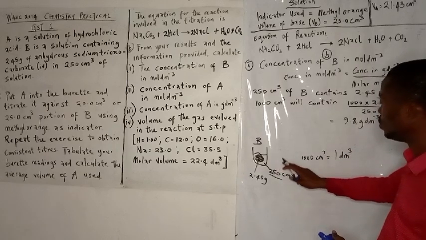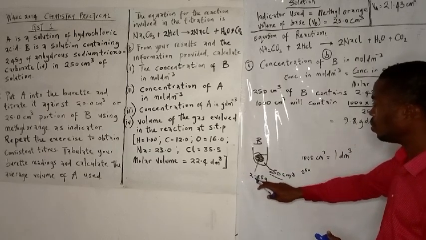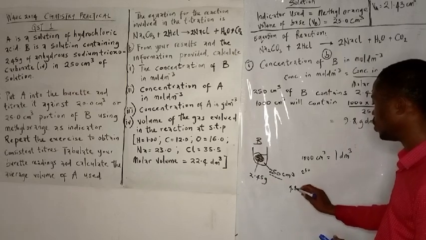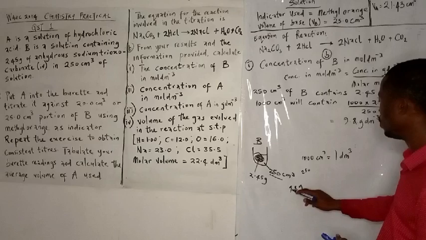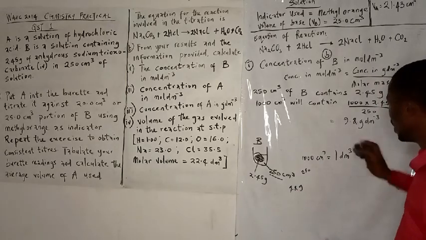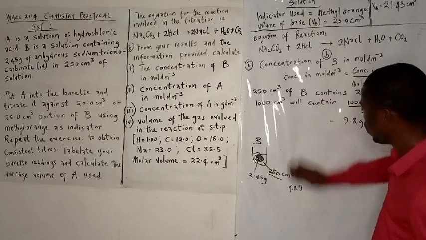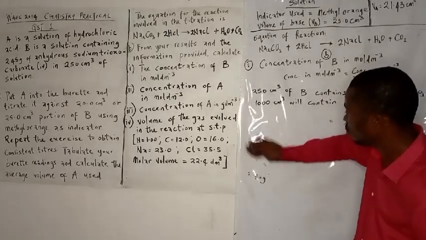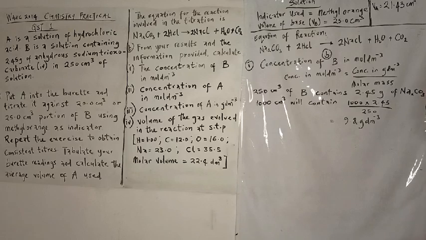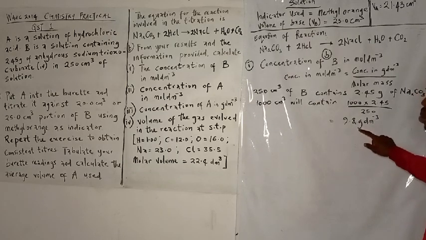And in 4 of these, you will also have this number times 4, and 2.45 times 4 will give us 9.8 grams. So there will be 9.8 grams inside 1000 cm cube. That's why it is the concentration in grams per dm cube. Also know that concentration in grams per dm cube is also known as mass concentration, because grams is a unit of mass.